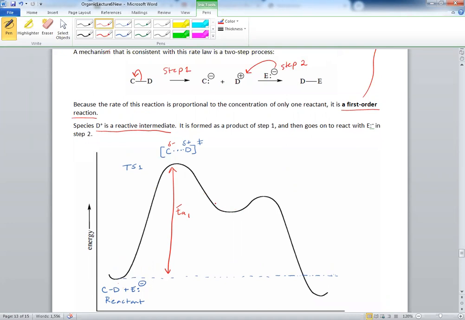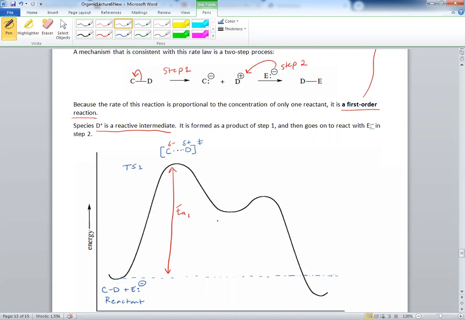So then the next step would be that C now would be attracted to D. C is reacting with D. But what you have here is you have your intermediates. So what happens is that at the peaks, you have your transition state. In those wells or the valleys, you have your intermediates. Just keep that in mind.